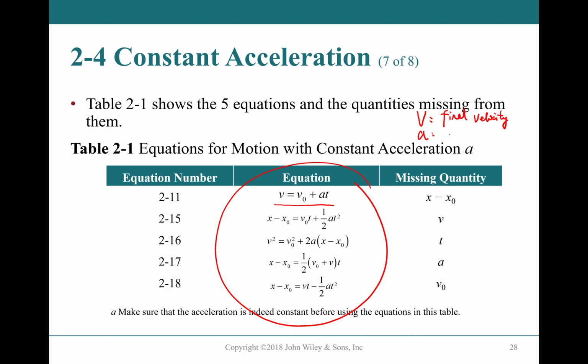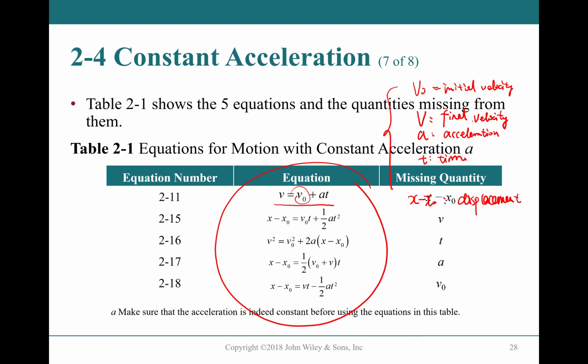And A, of course, is your acceleration. And your T is your time. And of course, you have this V initial. This V initial is your initial velocity. And then you have x minus x initial. That will be your displacement.